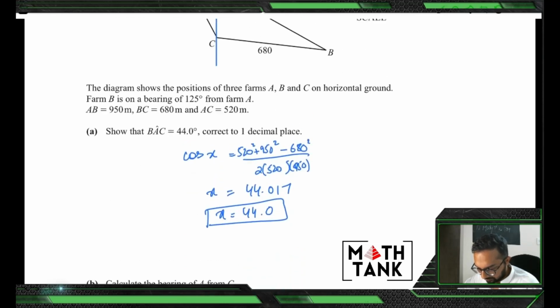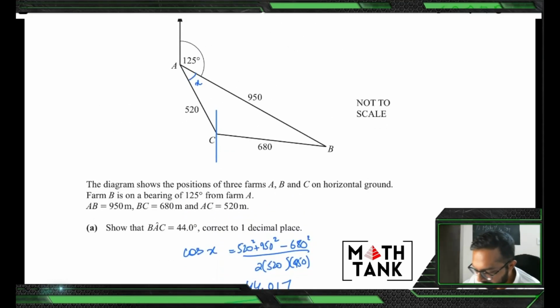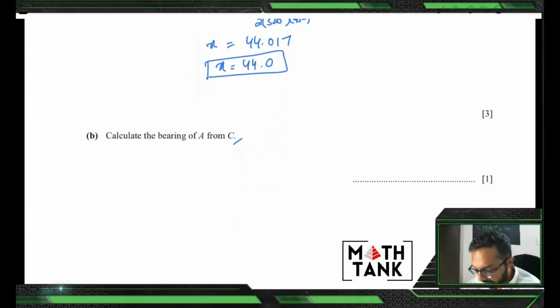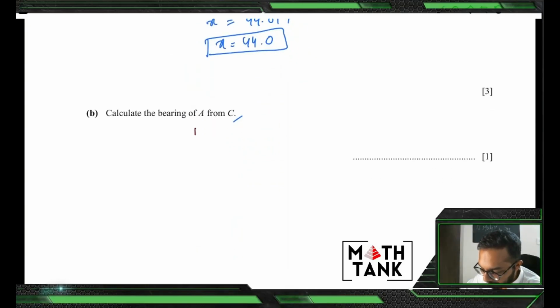Bearing of A from C. So when I'm saying from C, I'm asking you to measure this entire angle. So in order to measure this entire angle, can I just find this small angle? And this small angle is basically going to be from alternate angles. If you have x, you have 125. In fact, all of you have x, because that's what the question told you. So 180 minus 125 minus x, which is 44.0. So what do I get?